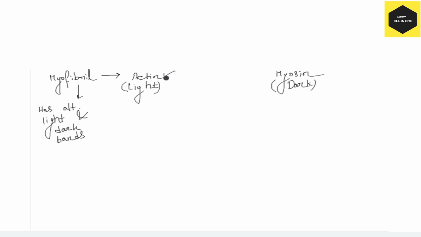Okay, before that I have to tell you something about a term called sarcomere. Sarcomere. Now what is this sarcomere? This is the functional part of a muscle fiber.